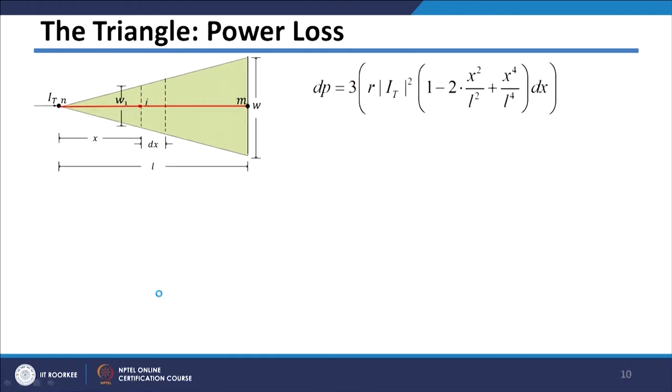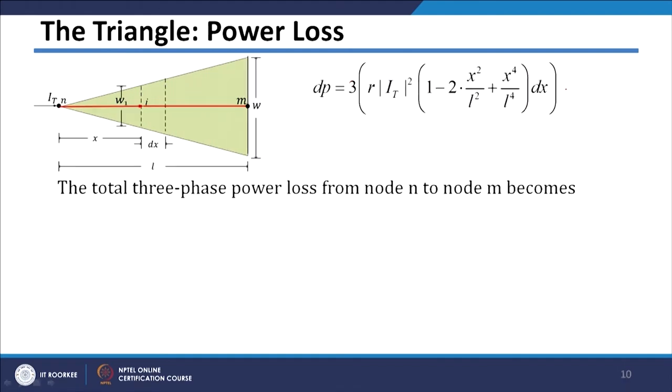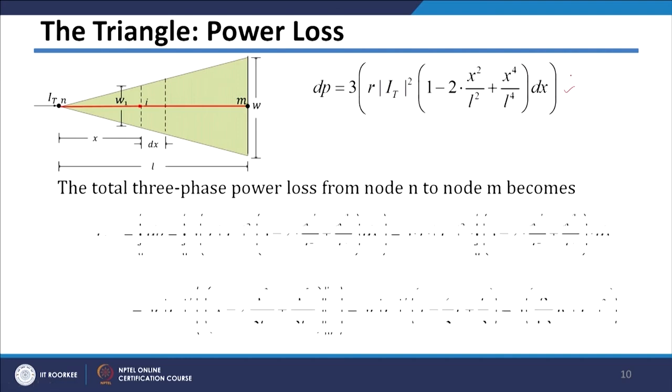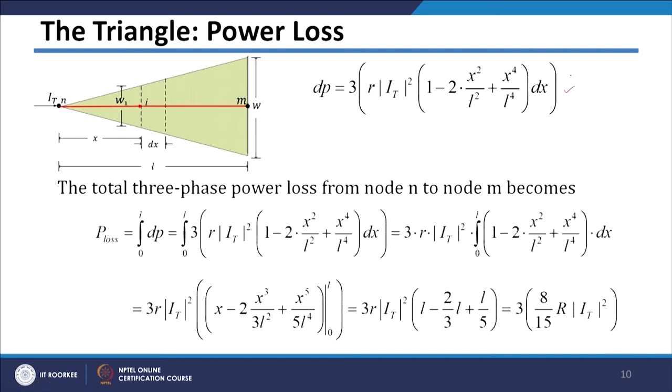As I told you, to get the total power loss you need to integrate this dP from 0 to L. So I can put this equation of dP into this expression, and in this case also R and IT are constant, so I can take them out of the integration.